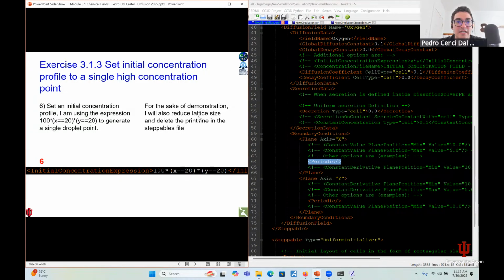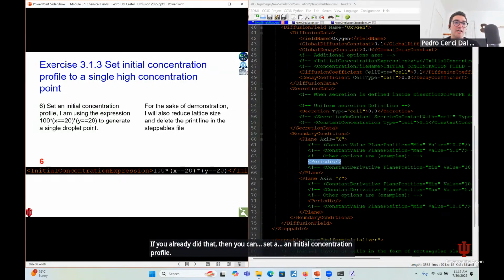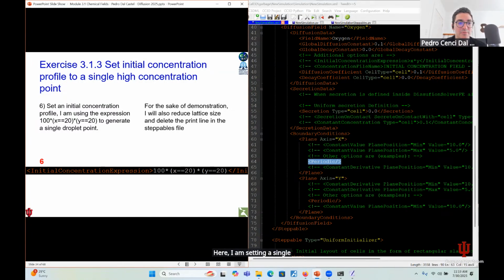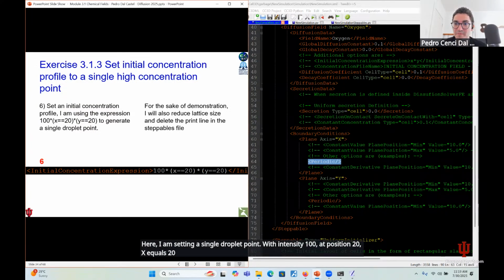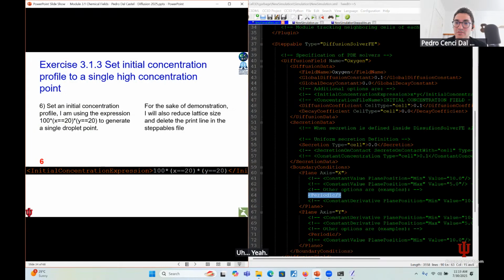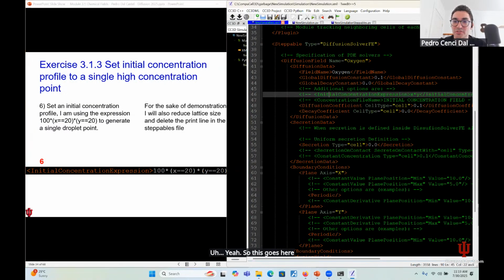If you already did that, then you can set an initial concentration profile. Here I am setting a single droplet point with intensity 100 at position x equals 20, y equals 20. So this goes here on initial concentration expression.